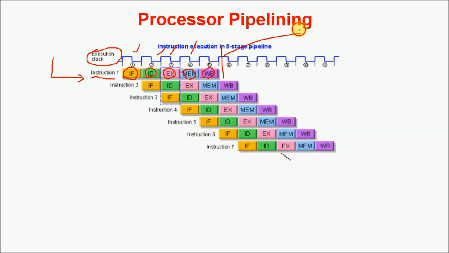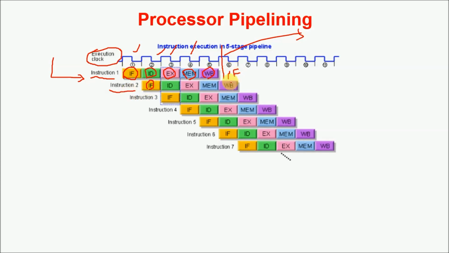Now in the non-pipeline procedure, the instruction fetch of the second instruction should start from the 6th clock pulse.